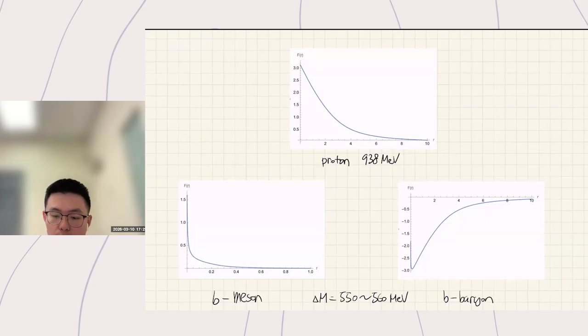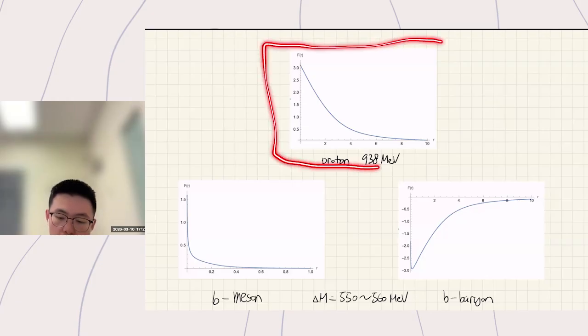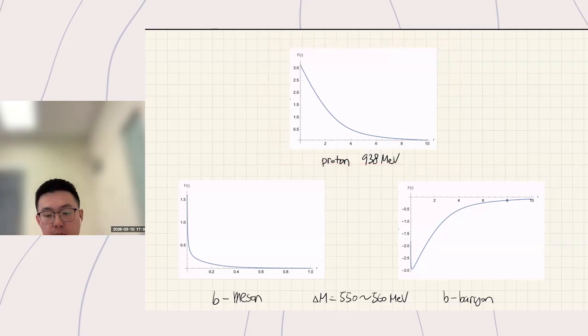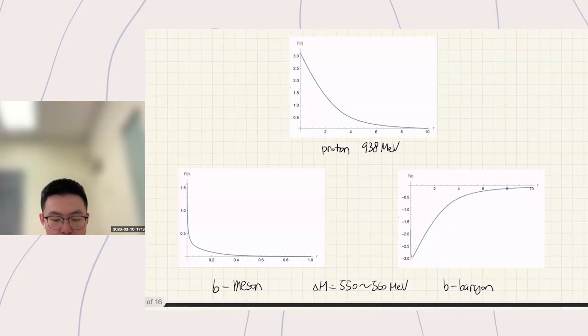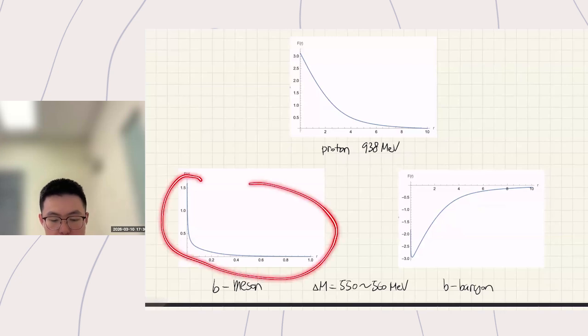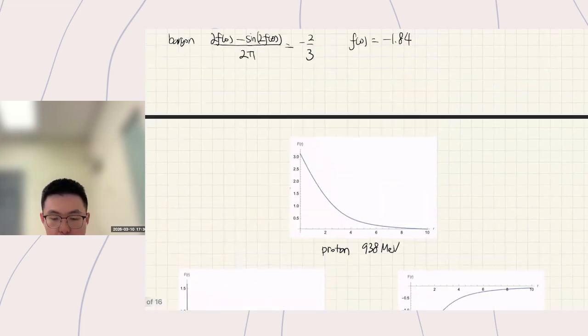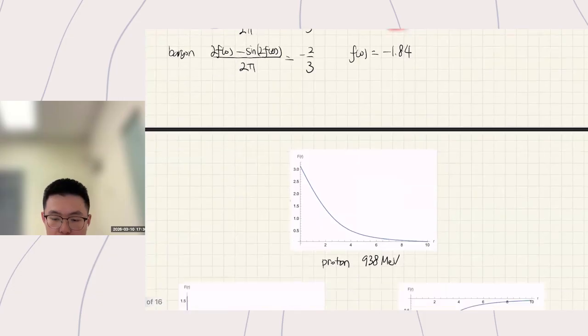Let me just give you the configurations. This one describes a smooth baryon, and as you see, at the origin it goes to basically pi. So this is supposed to describe protons or neutrons. This describes B mesons, where at this point it approaches 1.3.